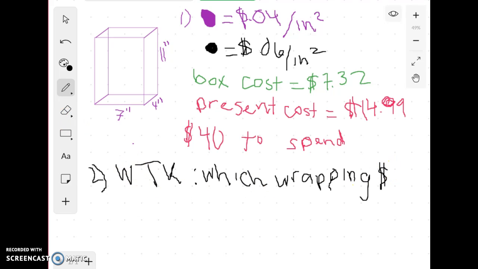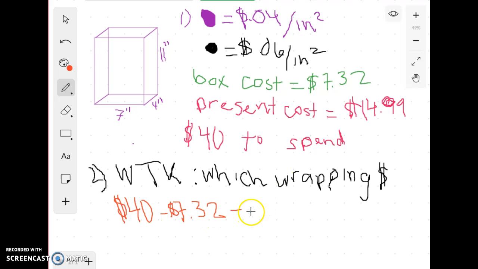So let's think about this for a second. We already know how much the present costs, and we already know how much the box costs. So we can subtract that from our $40 spending limit. So let's put this in a different color. We'll go orange. So we have $40 minus the cost of our box, which is $7.32. Put a little dollar sign there.